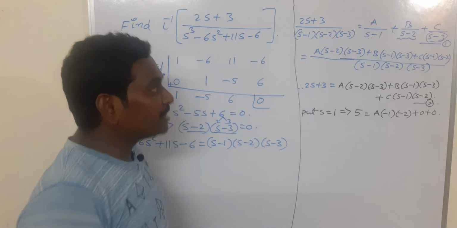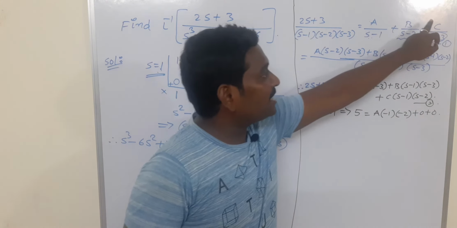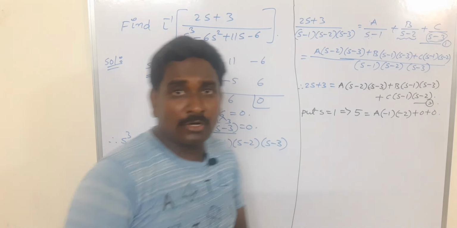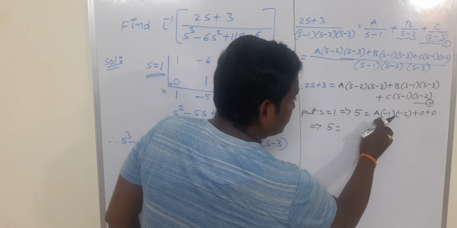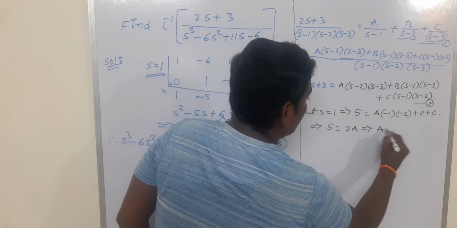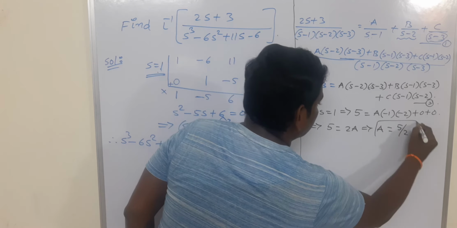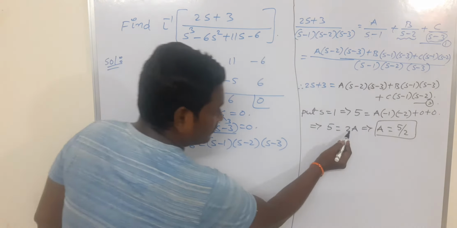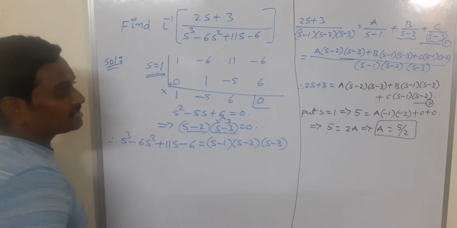Whenever we are substituting root of the denominator of a, automatically b and c will be eliminated. Okay, no doubt at all. So 5 is equal to minus 1 into minus 2, 2a. That's why a value becomes 5 by 2. You will get a is equal to 5 by 2.